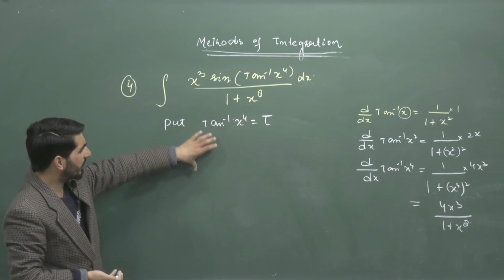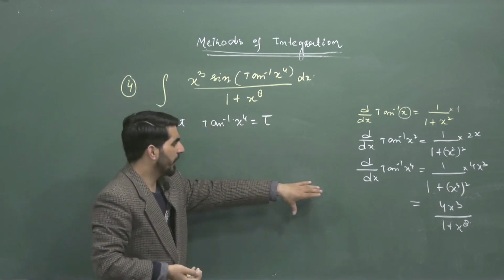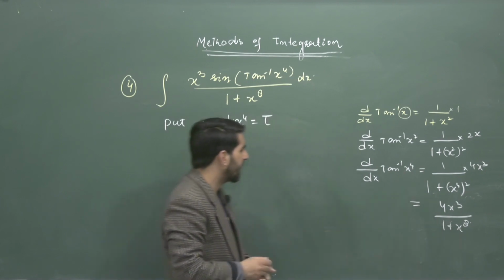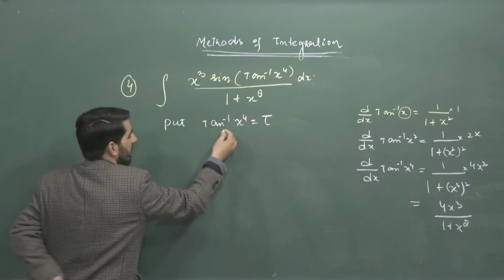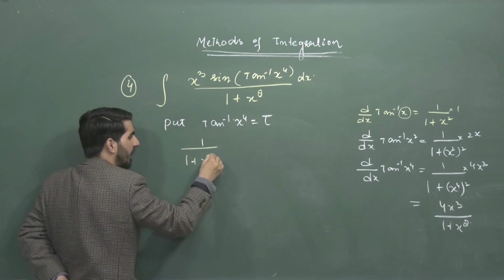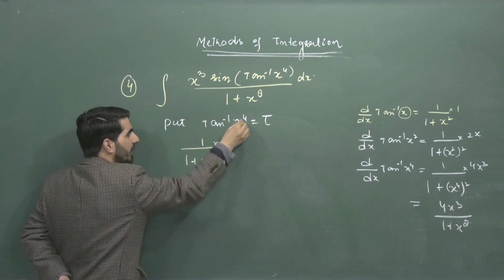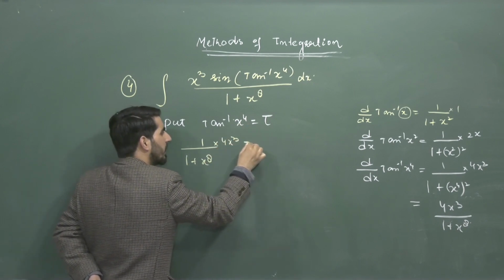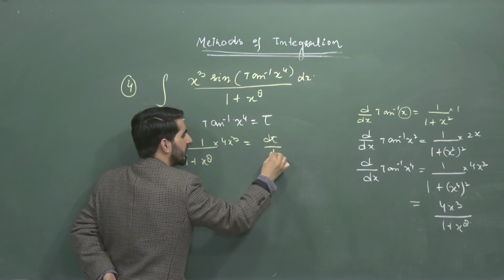So, what will be the differentiation of this? Here we have already found the differentiation of tan inverse of x raised to power 4, that is 1 divided by 1 plus x raised to power 8 into internal differentiation of x raised to power 4, that is 4x cube, equal to dt divided by dx.